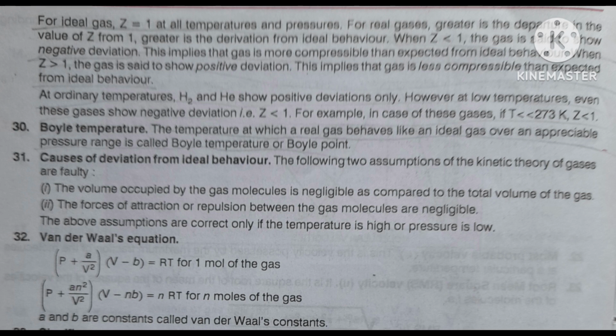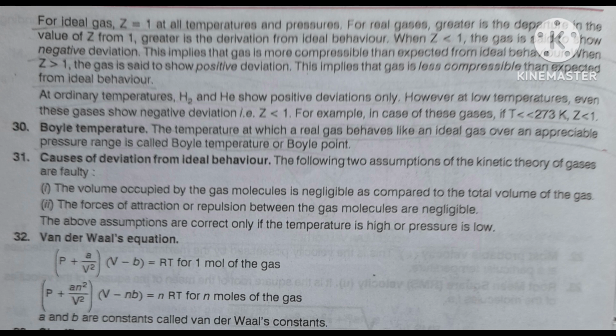Divided by n square means per mole square, but mole square is down, so you can write mole minus 2. If you write it upside, it will go mole minus 2. Then atm L square per mole square, or atm L square mole minus 2. This is the unit of the A constant.